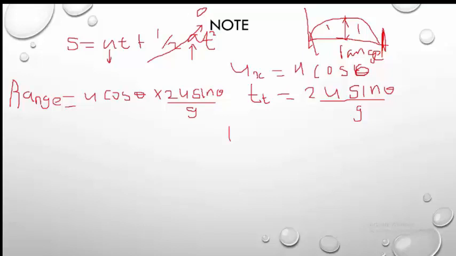So my range will now be equal to u squared, then 2 cos theta sin theta, over g. You can look at this very well.